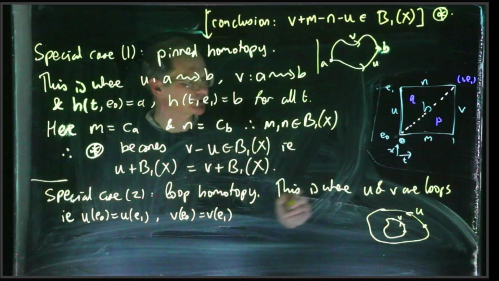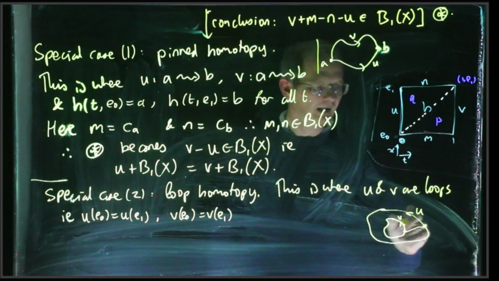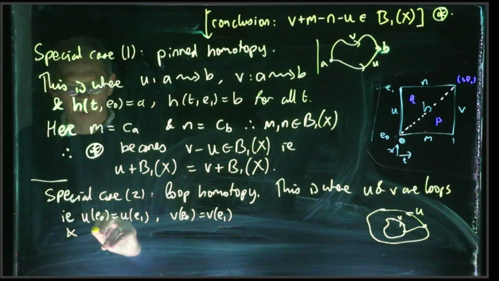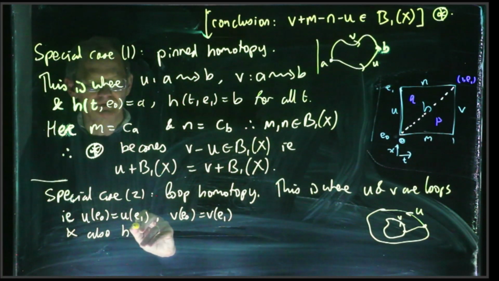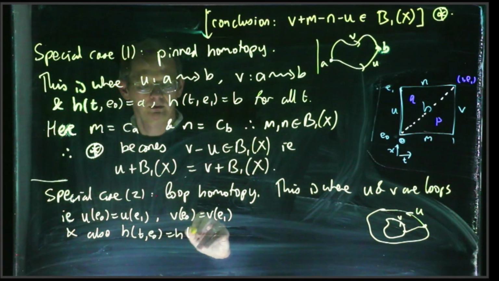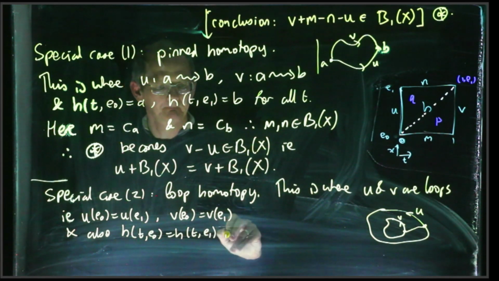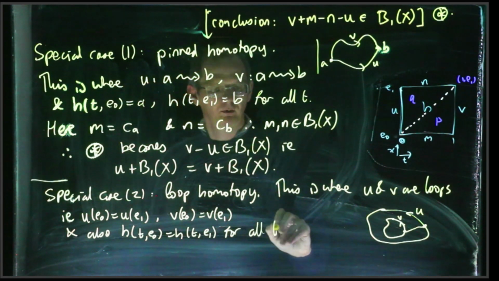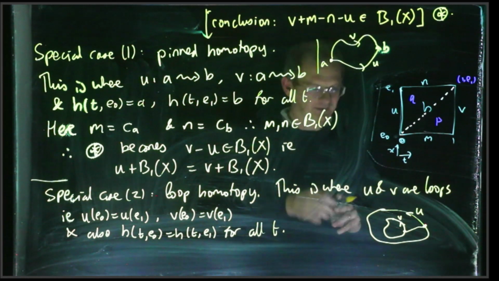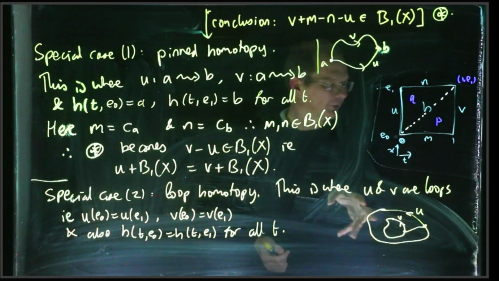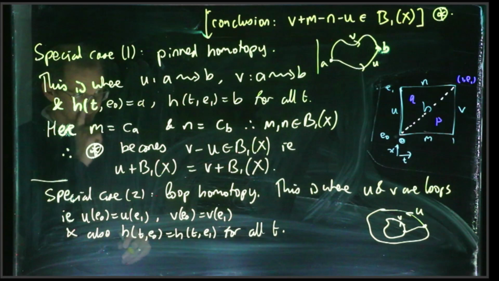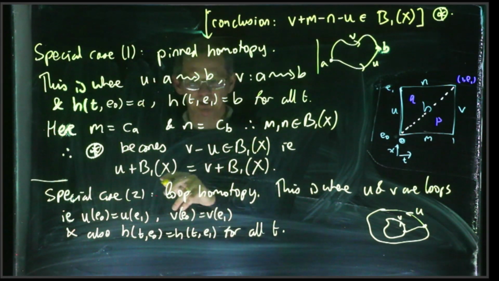Our homotopy H deforms U to V, but it always does loops, so H of t e0 is H of t e1 for all t. Okay, so that means that we've got a movie from one loop to another loop, but at all times in the movie it's still a loop. Okay, still a closed loop. And so that's what we mean by a loop homotopy.